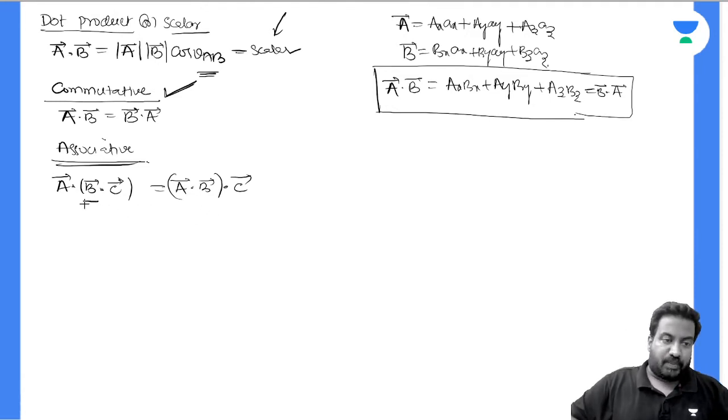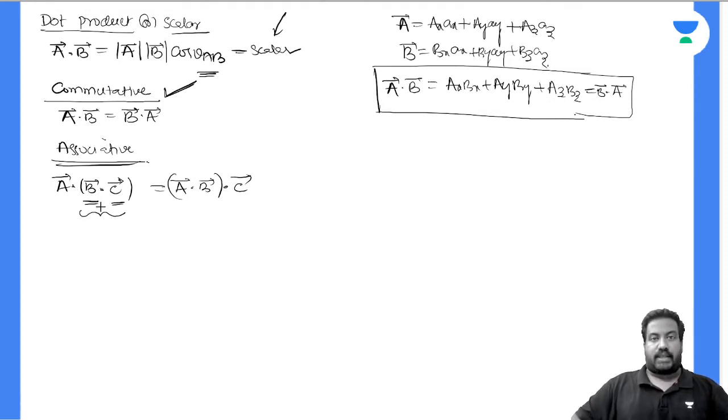Not possible, because B is a vector, C is a vector, and the dot product of these two vectors is a scalar, and A is one more vector here. You cannot do dot product between a scalar and a vector. Therefore, writing itself is not possible. Therefore, dot product does not obey associative law.